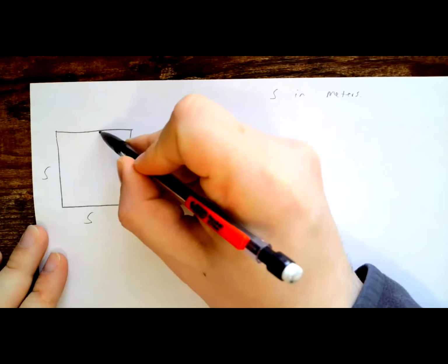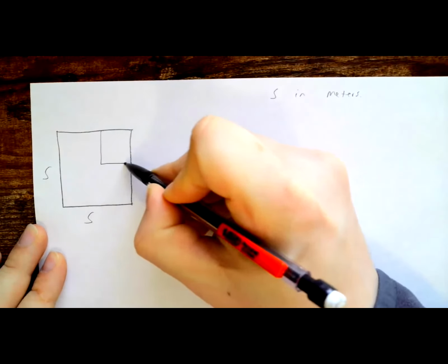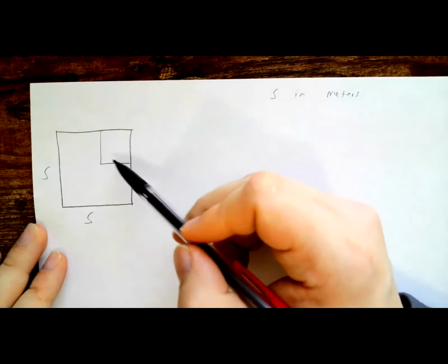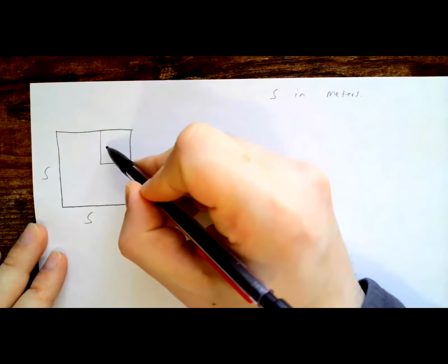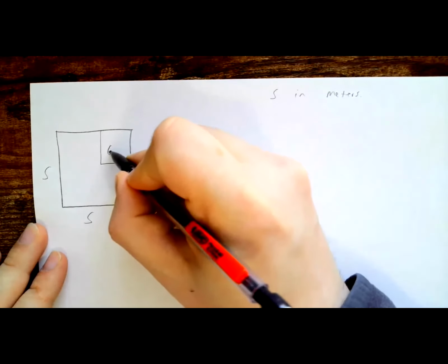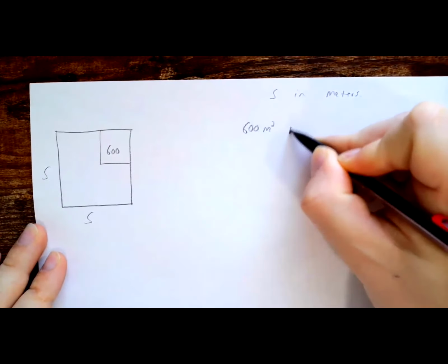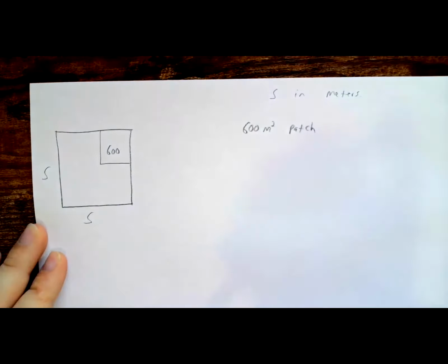And you want to put a pumpkin patch in your garden. Why not? And you want enough pumpkins, so you've decided that you want to have like a 600 meters square pumpkin patch.